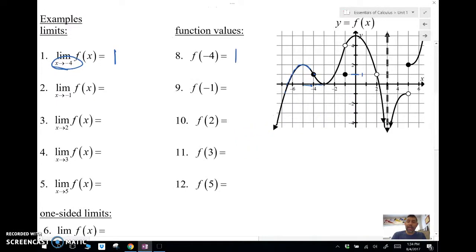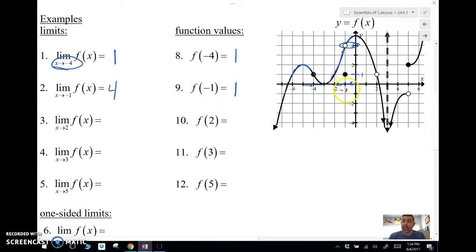The limit as x approaches -1. Here's -1. As x gets closer to -1, what does the function y value get closer to? It gets closer and closer to 4. So the limit is 4, even though the function value itself is going to be 1.